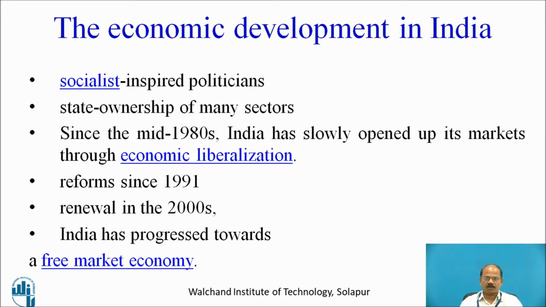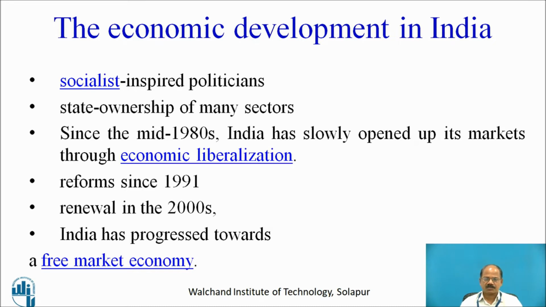The economic development in India primarily was socialist, which was inspired by politicians during the independence era. State ownership was there for many sectors. However, since the mid-80s, India has slowly opened up its market through economic liberalization.